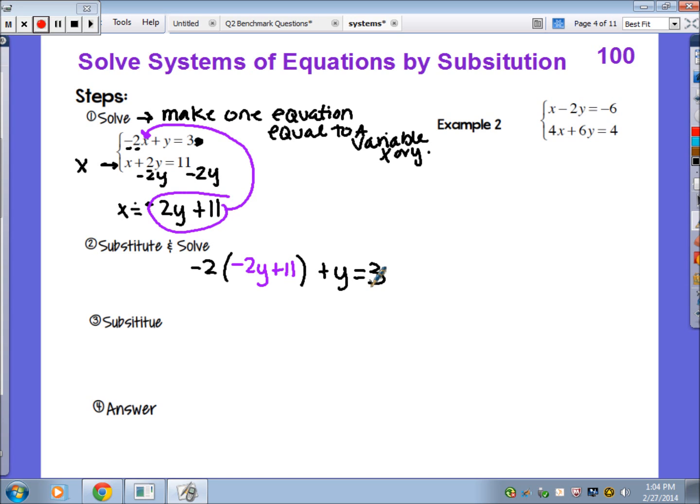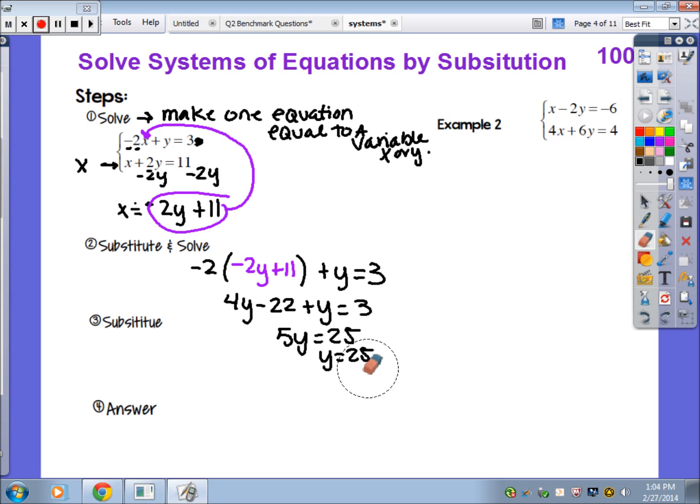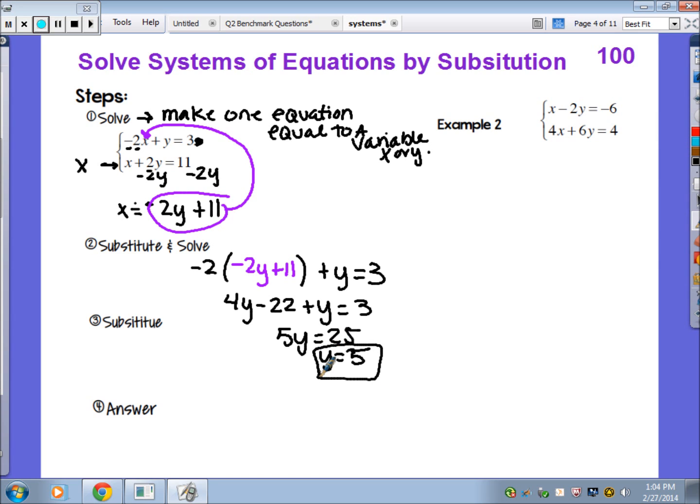And then we solve. Negative 2 times negative 2y is 4y, minus 22, plus y equals 3. 5y equals 25. Y equals 25. Or no, y equals 5. The answer to a system of equations is always a set of points. We just found the y point.